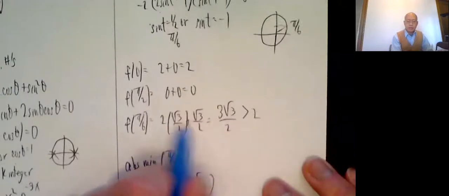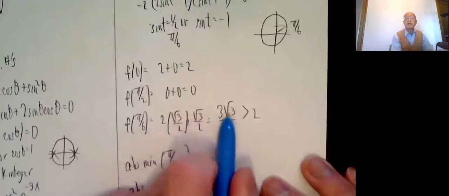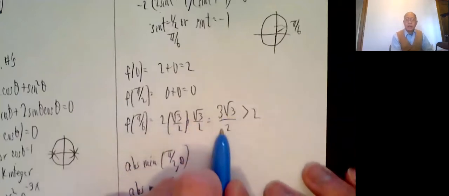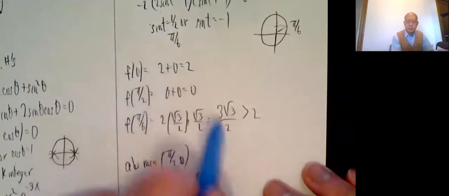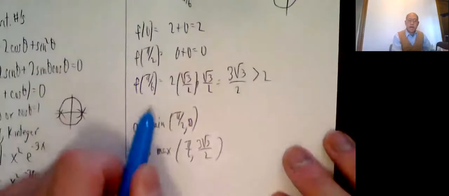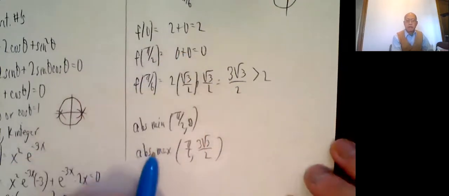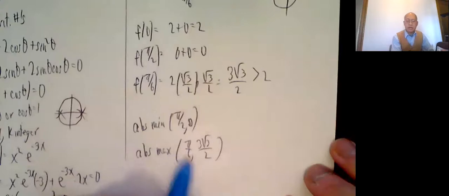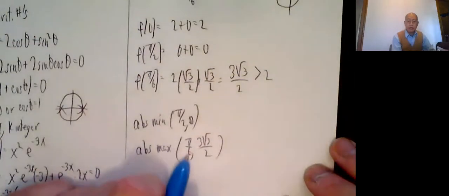Okay, and very fortunately, these already have a common denominator of 2, so 2 radical 3 plus radical 3, 3 radical 3 over 2. And if you were to punch it in a calculator, it is bigger than 2. Okay, so minimum, maximum. I'm going to go with the absolute minimum at pi over 2 comma 0, and the absolute maximum at pi over 6 comma 3 radical 3 over 2.